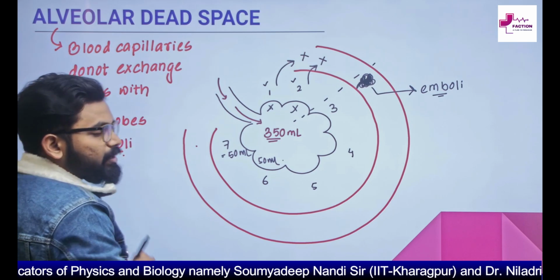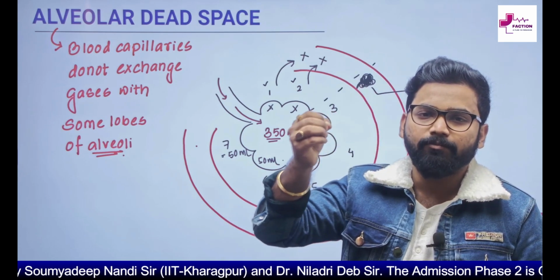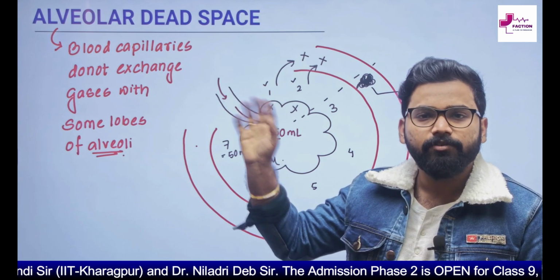So there is no problem with the alveoli, but the problem rests within the blood capillary. There is development of an emboli or clot. Fine, this is known as alveolar dead space.